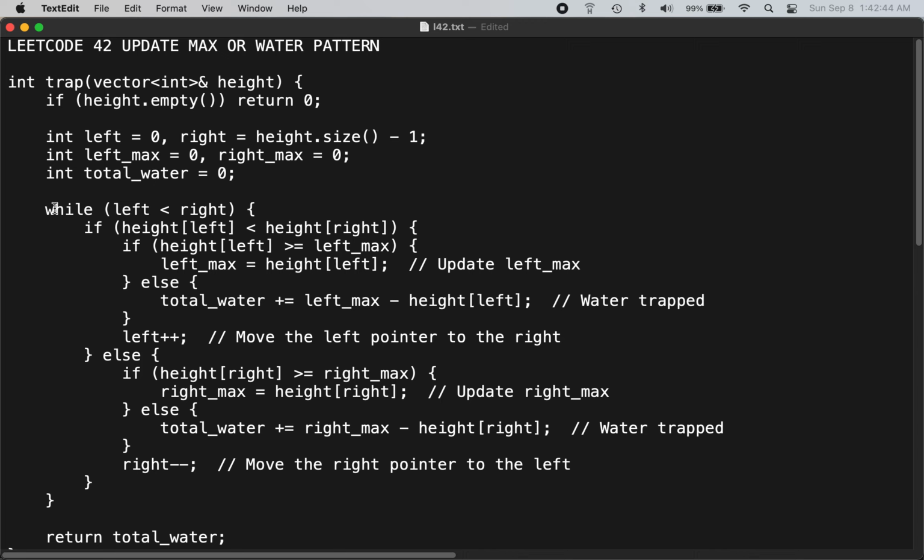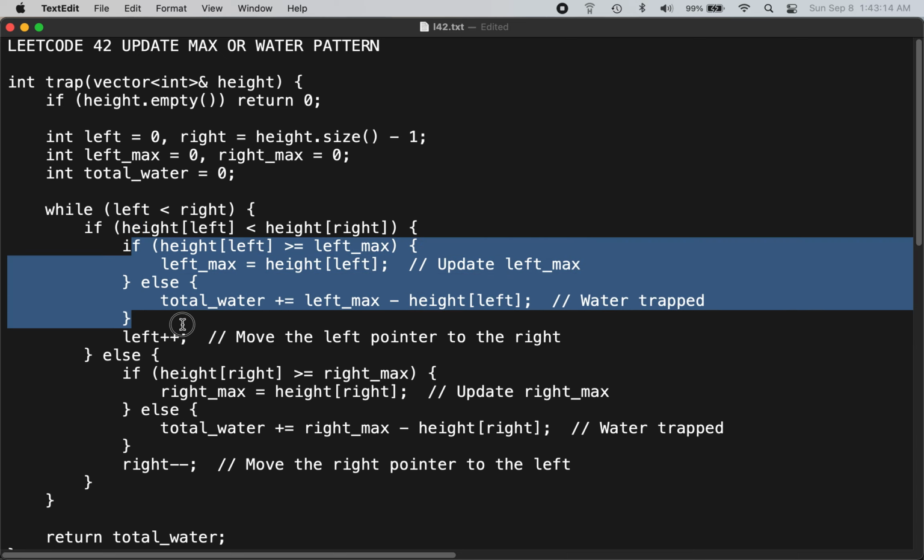This is the main while loop. You continue processing while left is less than right. It's standard two-pointer logic, similar to binary search. If the bar at the left pointer is shorter than the bar at the right pointer, you process the left side.